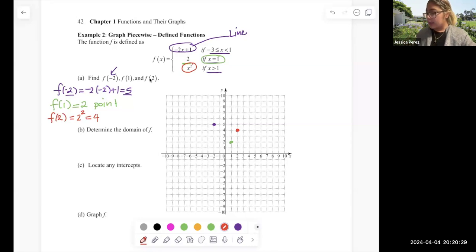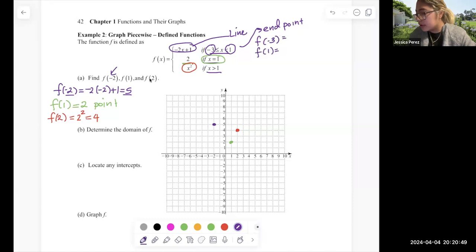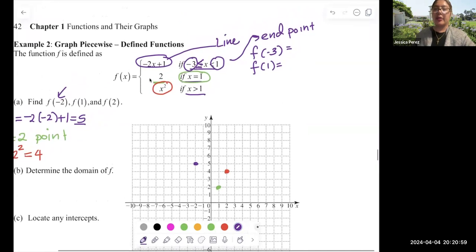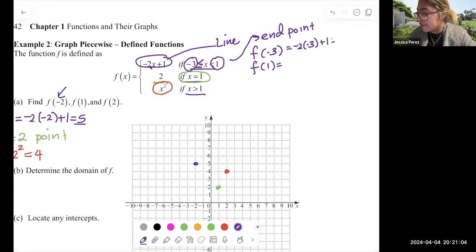So now, again, to know the domain, I'm going to graph it. The first thing I'm going to do is substitute my endpoints. So I'm going to do f of -3, and then f of 1. For f of -3, if you see this, this is a less than or equal to, so it's going to be a closed dot. When it's an equal to, you have a closed dot. So -2 times -3 plus 1 is 7.